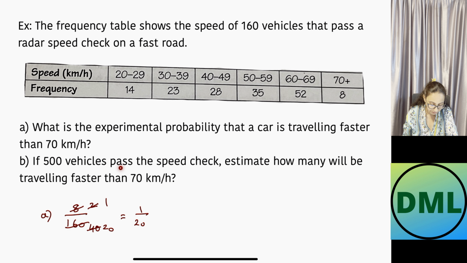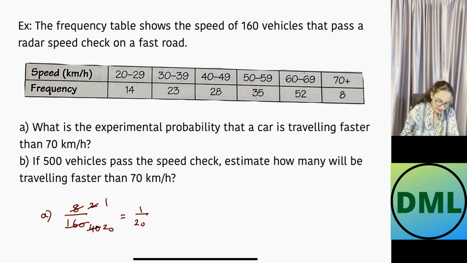If 500 vehicles pass the speed check, estimate how many will be traveling faster than 70 km per hour. The experimental probability that the car is traveling more than 70 km per hour is 1 by 20. This should be multiplied by 500 because there are 500 vehicles which are passing through the speed check.